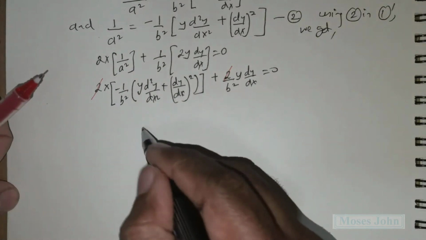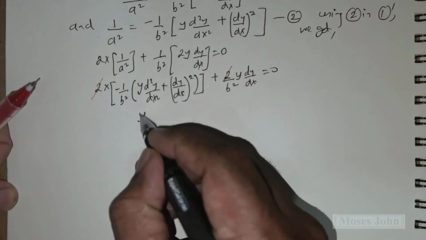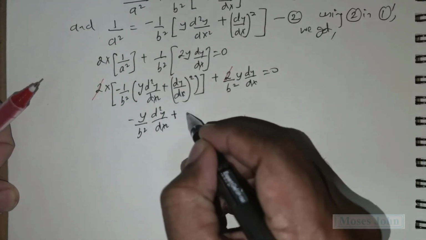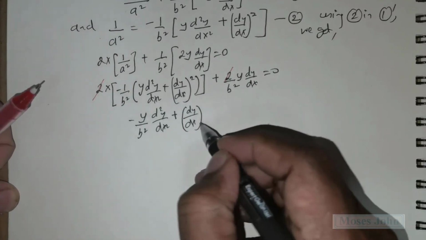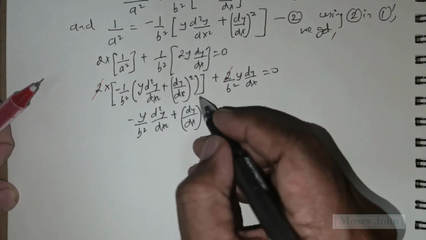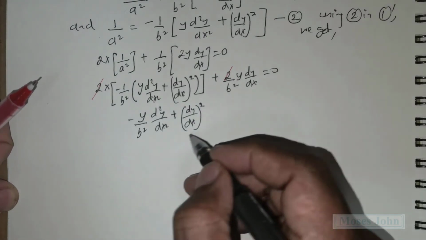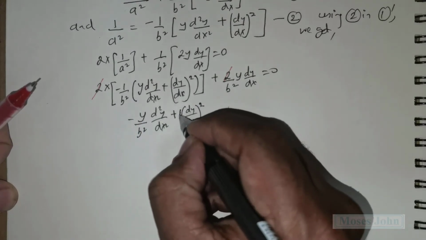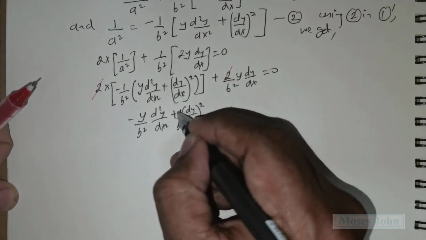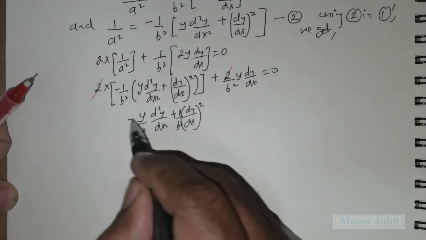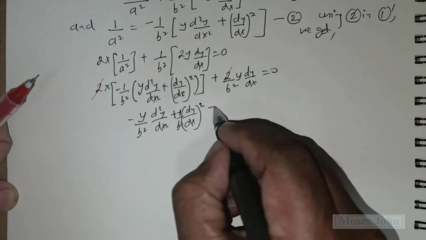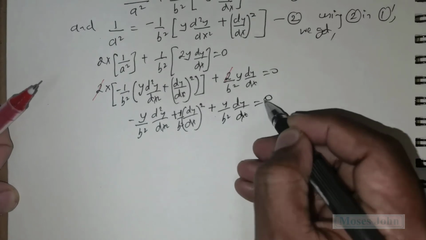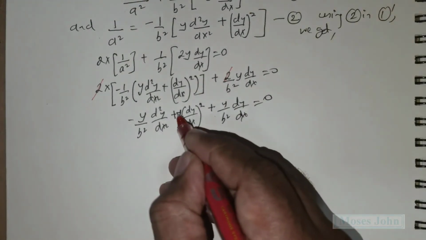Now I can rewrite this as y over b squared with a negative sign d squared y over dx squared plus dy over dx, times y squared, and there is also negative 1 over b squared, so let me squeeze it there with a negative sign, and plus y over b squared times dy over dx is equal to 0. So we got a negative 1 over b squared there.